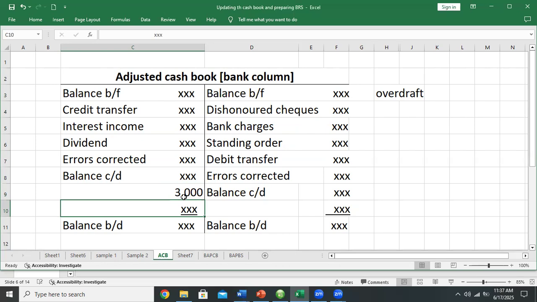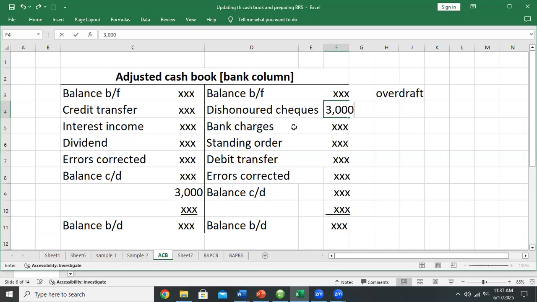When you come back to your office, you have to go to your cash book and say, okay, the 3,000 was not paid, so I have to cancel it. And you know, in accounting, you cannot just draw a line here and cancel, or erase it, or use correction fluid. So you pass a credit entry for the dishonored check of 3,000 so that it will cancel it off.